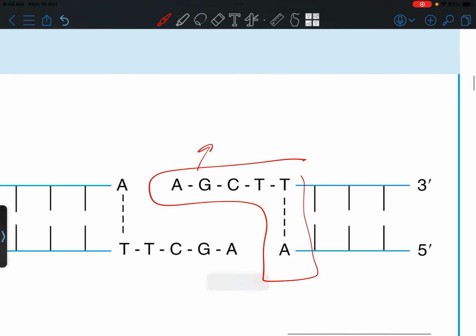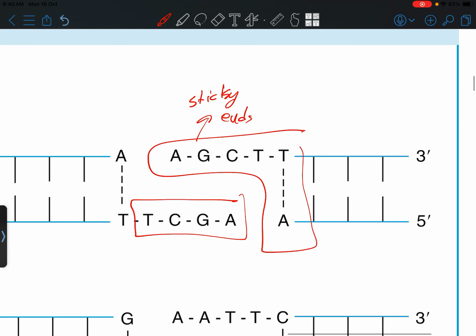But here, what we call these is what? Overhang. Okay? Now, the overhang here consists of 4 nucleotides. The overhang here consists of how many nucleotides?